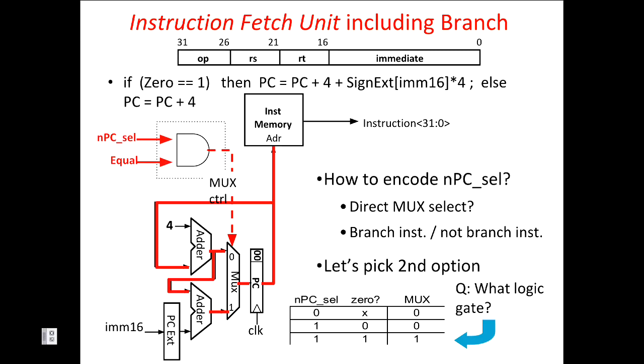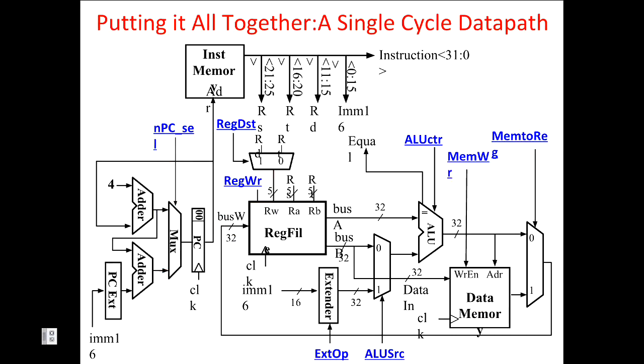Okay. So if we step back for one moment and see all these little bits that we've accrued together, this is the picture that we get. So I'm just going to leave it here for 30 seconds. Let's just bask in the glow of this beautiful data path.